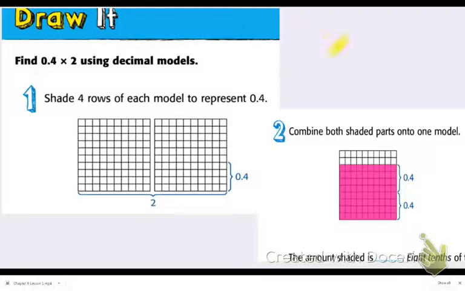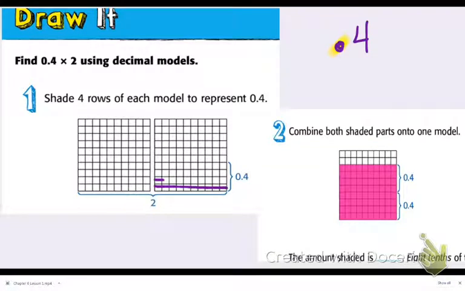Now some students who have errors on this, they might look at 4 tenths and just want to color in 4 little squares, but that's 4 hundredths. And this problem here does not say 4 hundredths. It says that we have 4 in the tenths place, or like 4 dimes, or 40 cents out of $1. So I'm going to go ahead and use my model to color in 4 tenths.